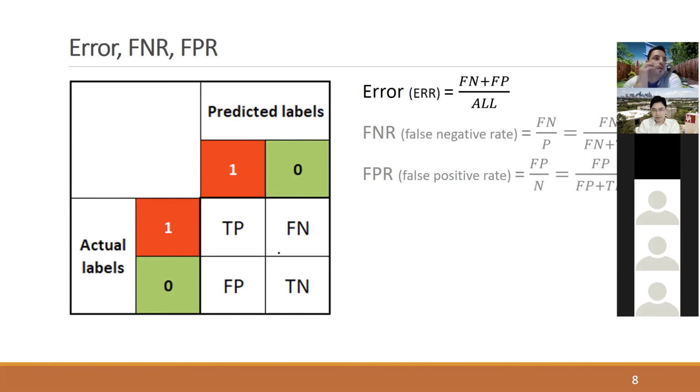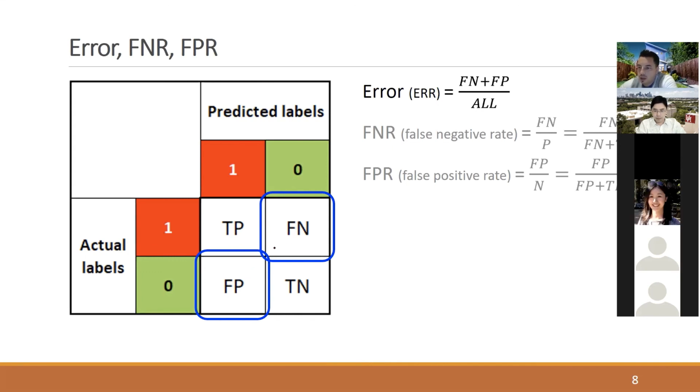It has the F as the leading character. It's false. Error is about false predictions of the model. So the immediate focus would be the off diagonal cells. Depending on which specific error you're talking about, you choose one of these, but it's always going to be one of these cells, or together if you're calculating the total error.